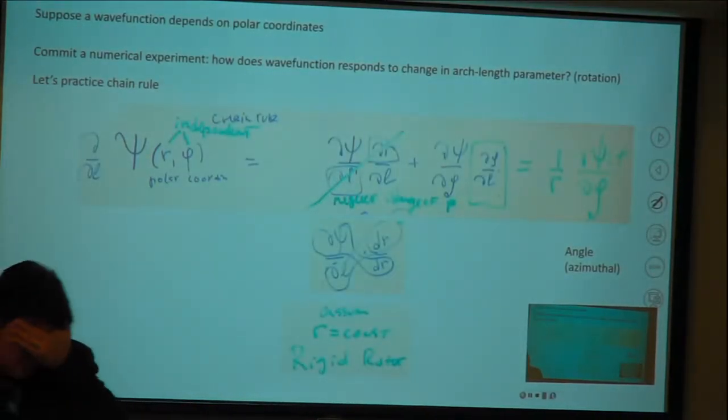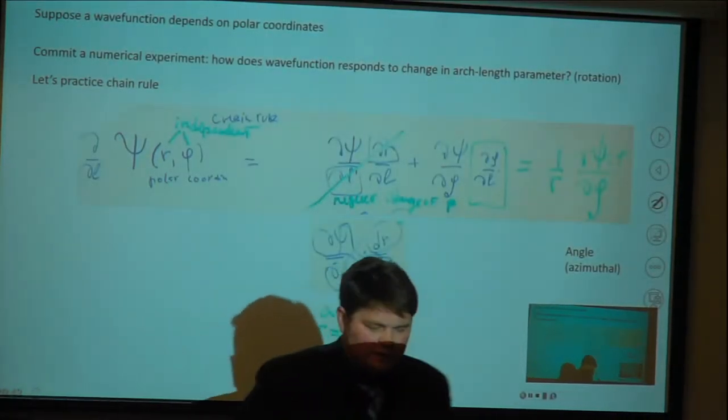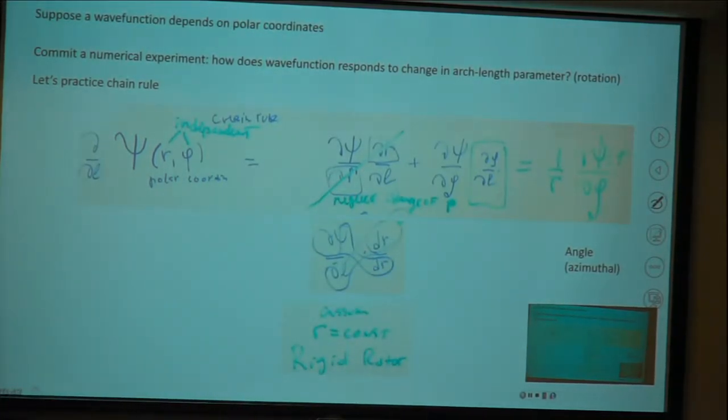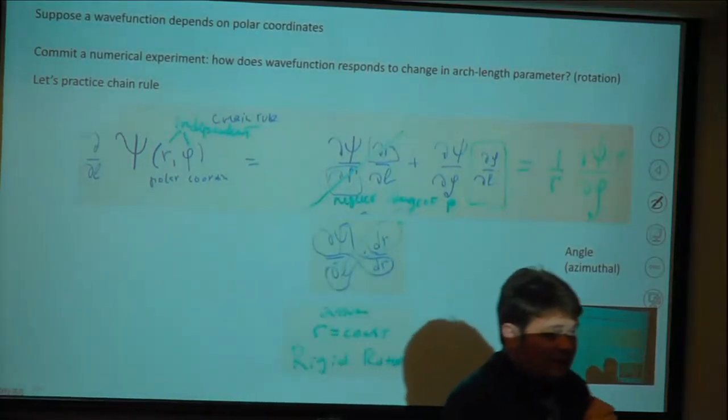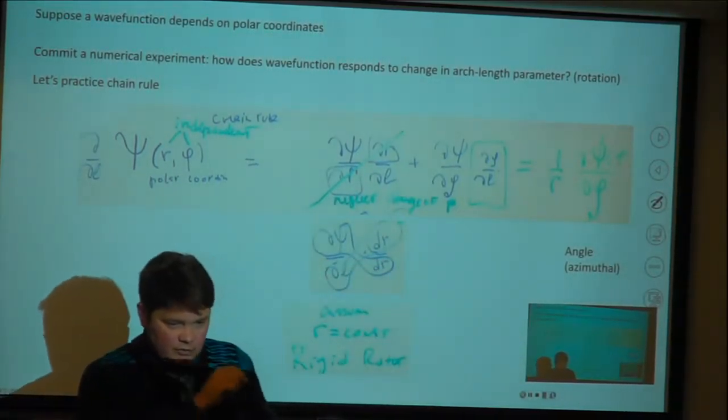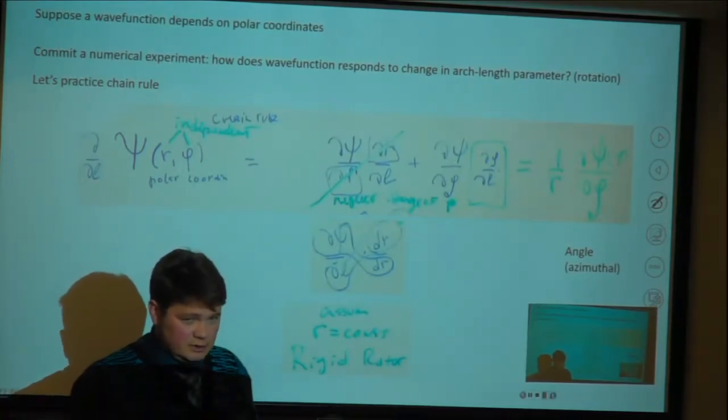So we did decide that we need to describe rotational motion. Why? Because many things are rotating, and the most important thing that does rotate is the electron around the nuclei, many electrons around the nuclei.